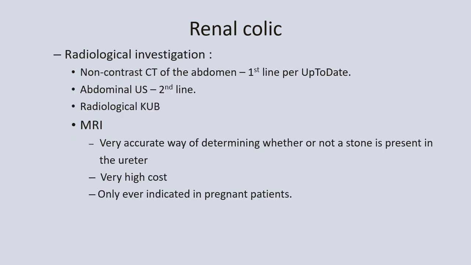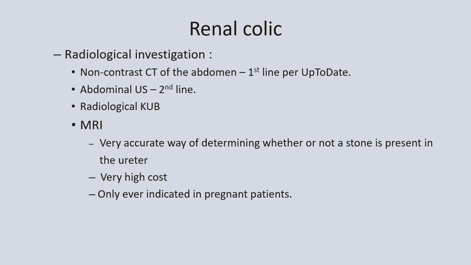Now, diagnosis of renal colic is a little bit of a, I'm not really sure what he's going to want, essentially. So I looked it up in UpToDate. Non-contrast CT is the recommended first line for investigating renal colic. And it states that abdominal ultrasound should be used only if non-contrast CT is unavailable or if the patient is pregnant.